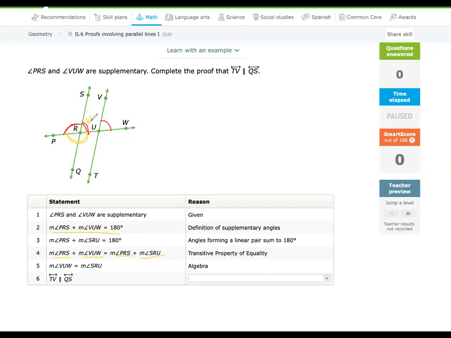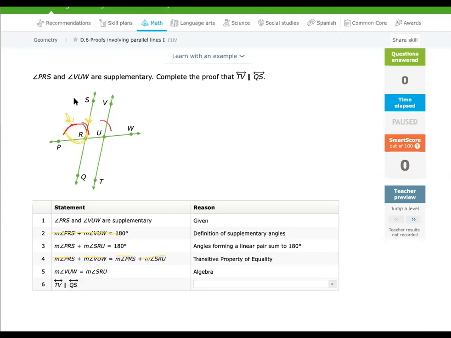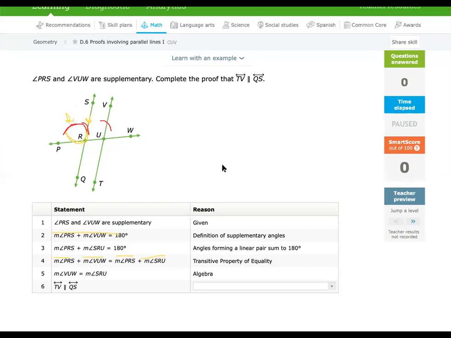They're going to be equal to each other. Let me do a different color so you guys can see. The two green ones, so here and there, are going to be equal.